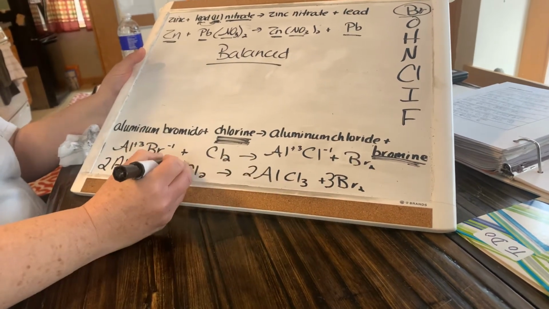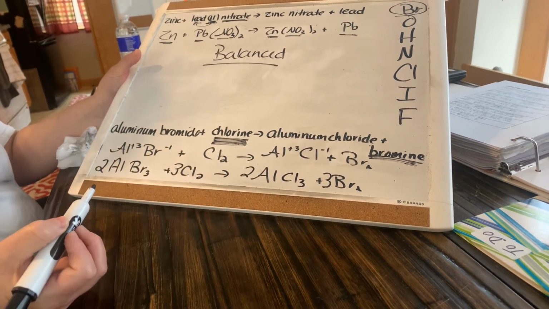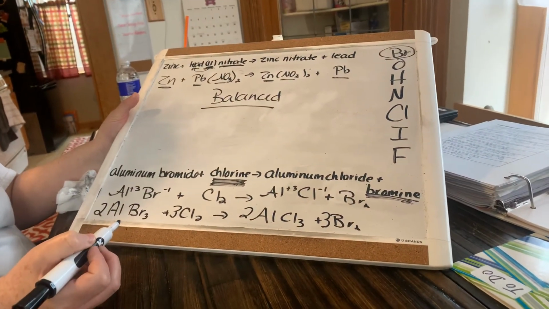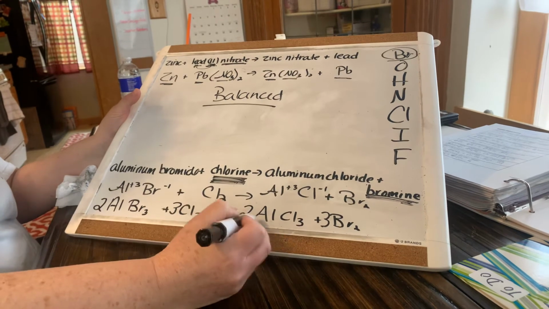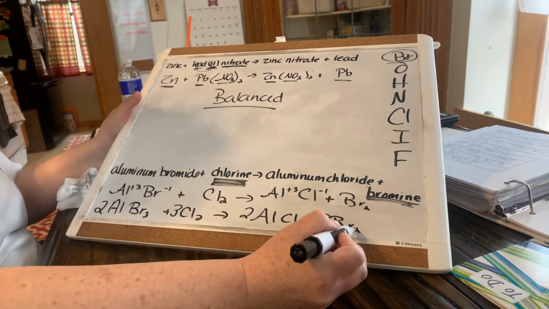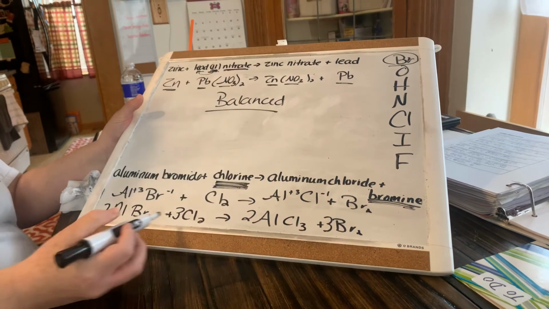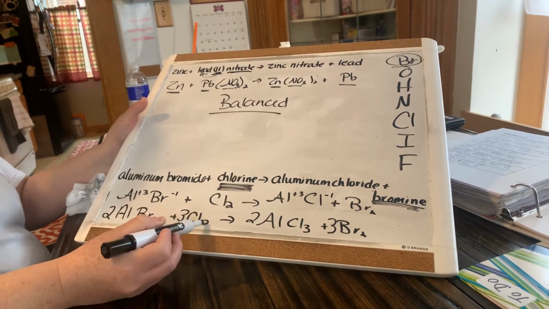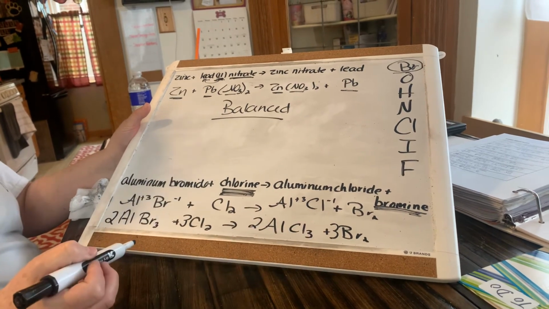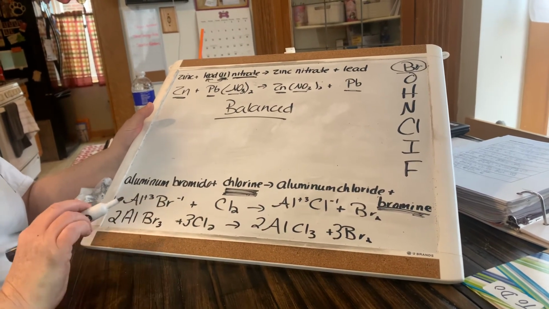In front of the 2, you're going to put a 3, because now you have 6 of both. Your aluminum magically balanced itself out. You have 2 aluminums here, 2 aluminums here. You have 6 bromines here, 6 bromines here. 3 times 2 is 6. You have 6 chlorines, 3 times 2 is 6, and 6 chlorines, 2 times 3 is 6. It's balanced. That's all you have to do.